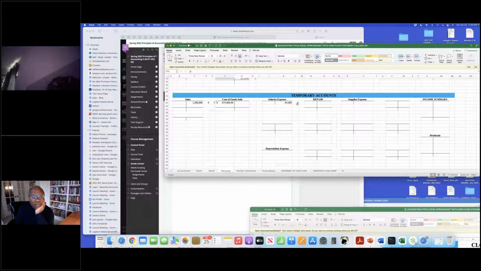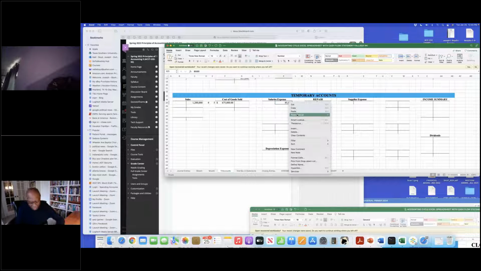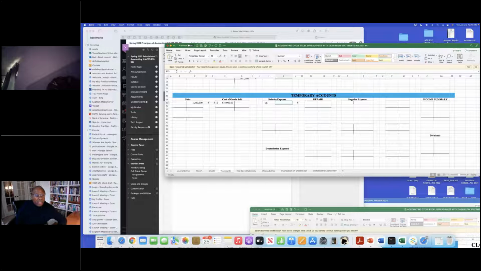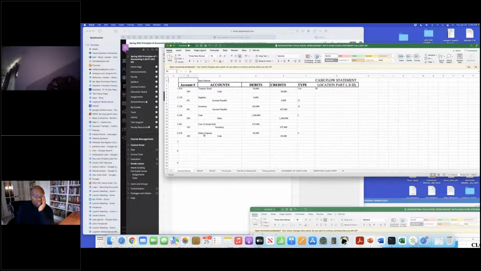It should have been a debit. Yep. Okay. Let's see if that's your own error. If you look at your journal entry, you debited salary expense and credited cash. See what you did? So your T accounts have to be the same way. So you needed a debit to salary expense. I see what you're saying.